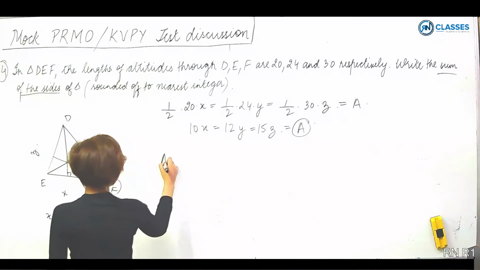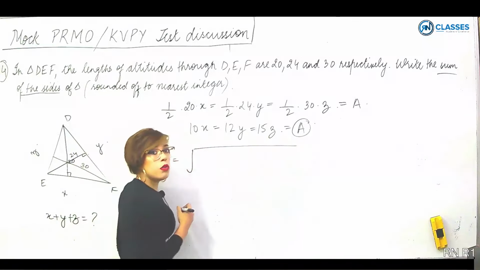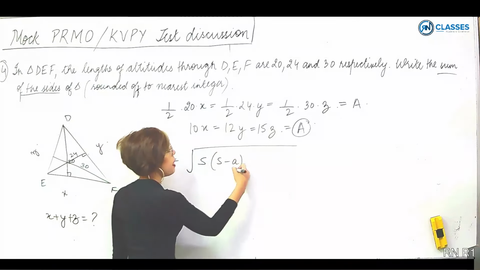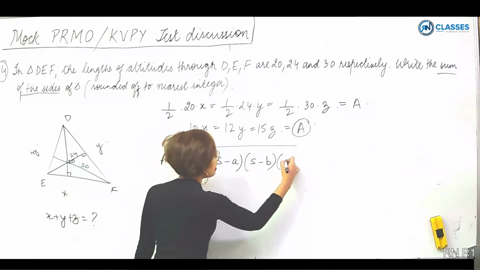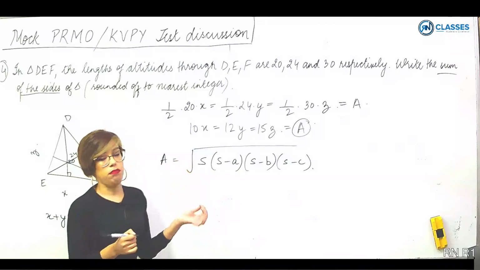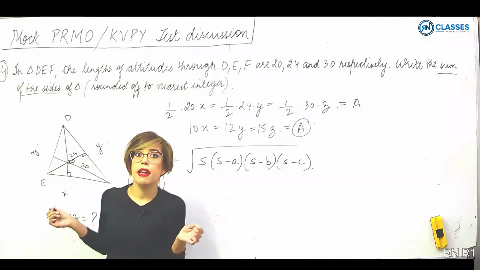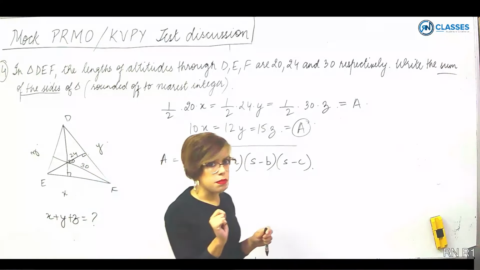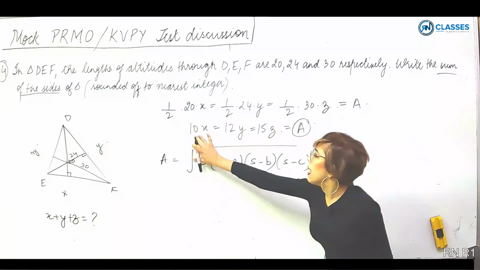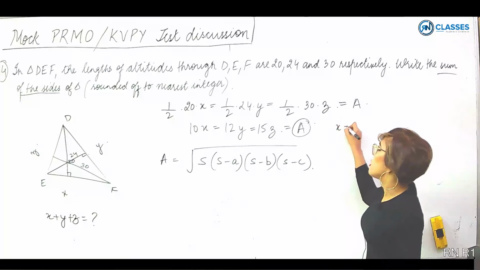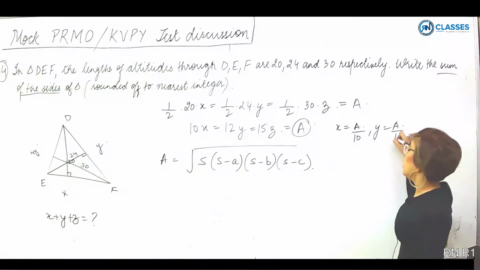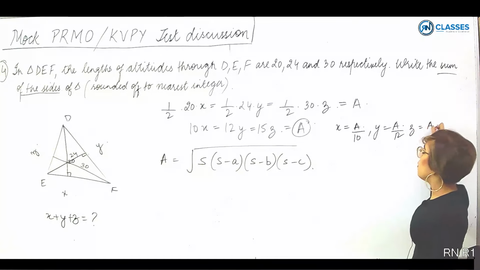Area of the triangle can be written as square root of s, which is the semi-perimeter, into s minus a, into s minus b, into s minus c. Now, semi-perimeter is x plus y plus z divided by 2, which I can get in terms of A. If you see, I get the value of x from here, 10x equal to A, then x is equal to A by 10, and y is equal to A by 12, then z is equal to A by 15.